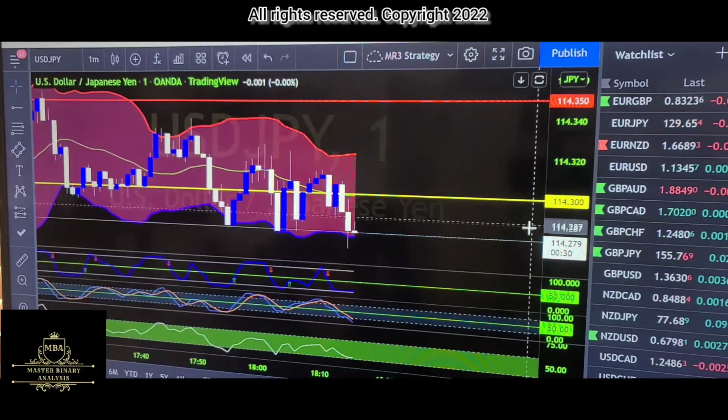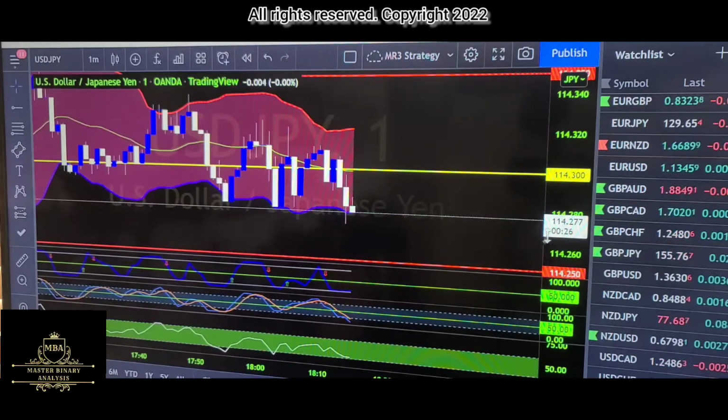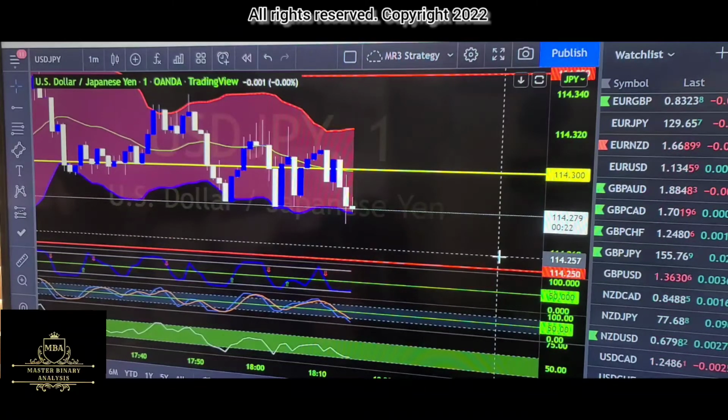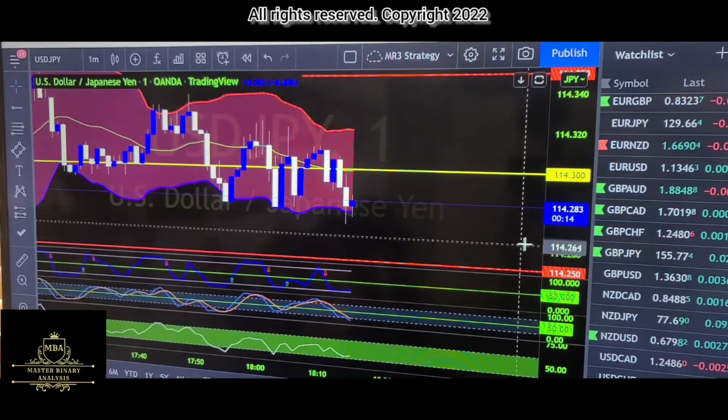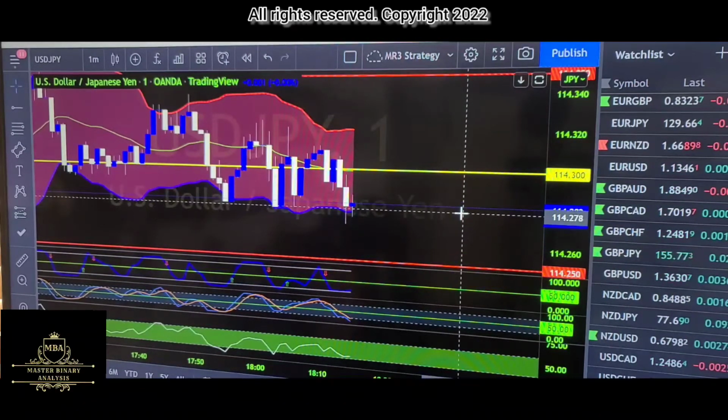So currently, if we look at our chart here, it's at 114.279. Well, what does that mean? That means that for $1, one US dollar, it's worth 114.283 yen. Okay, so when we trade these pairs, all we're looking for is where price has been and potentially where it's going.